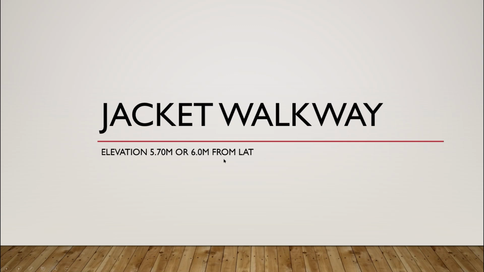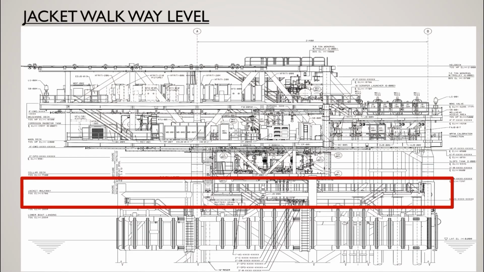At this level normally you can walk without any problem. This level is considered safe, and 5.7 and 6 meter from the LAT is quite high above the splash zone.